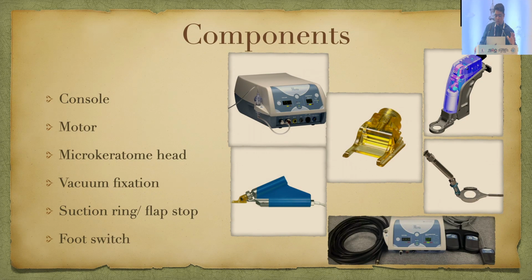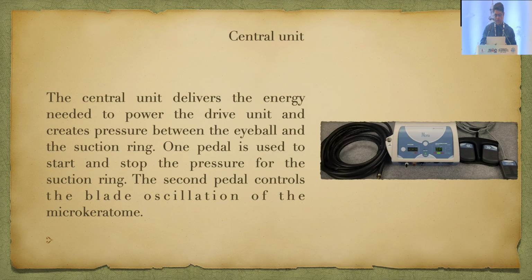So quickly looking at the components, can I have a pointer please here? Yeah. So we have a console here, which is the central unit, and there is a motor and microkeratome head, and a suction ring which fixates the eye. There is suctioning, and we have a foot switch so that we can create the vacuum and progress the motor forward for the pass.